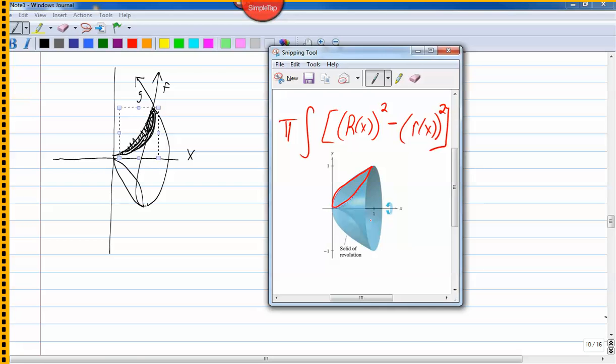So here's what's happening. I'm going to draw something up here. I just don't want it to confuse you too bad. You're taking this rectangle here and you're revolving it about the axis and you're getting the solid figure. Then you're taking this rectangle here and revolving that about the axis, and you're subtracting that away.